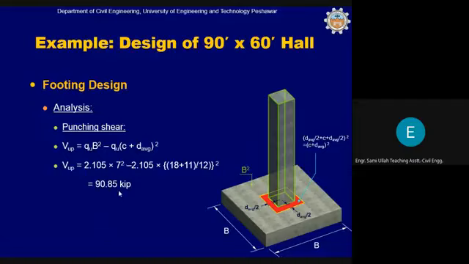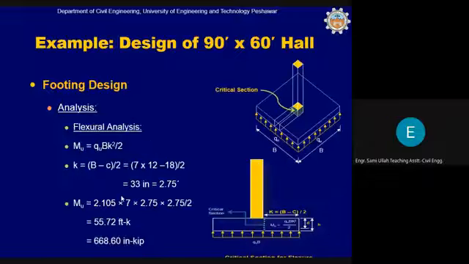To calculate the bending moment per foot, we multiply this QU with B. QU B is the load acting in the upward direction, and the bending moment is calculated at the face of the column, just like a cantilever beam: QU B times K into K divided by 2.